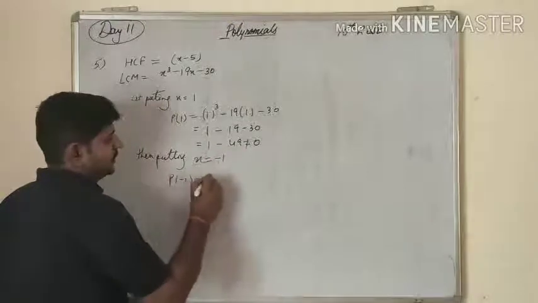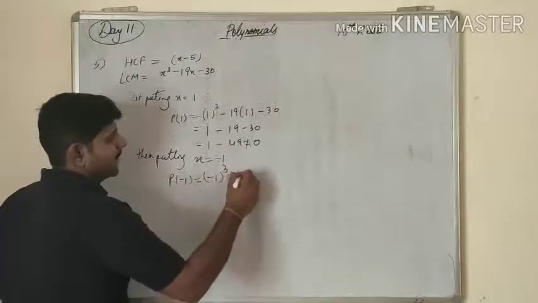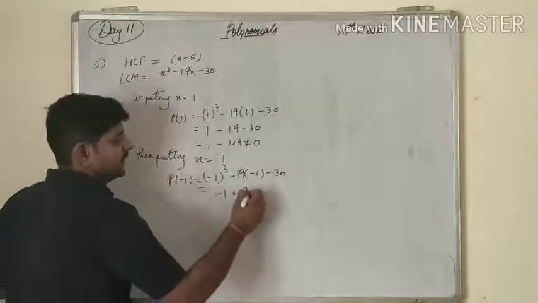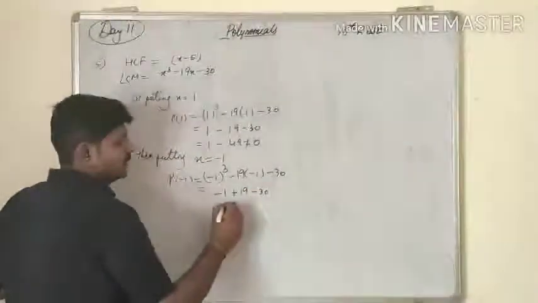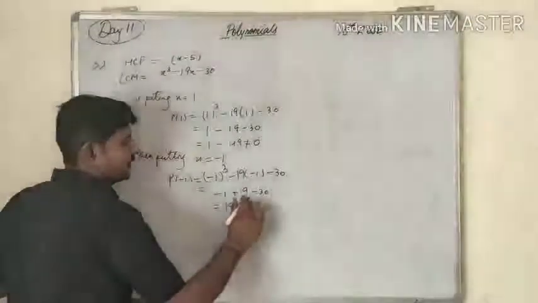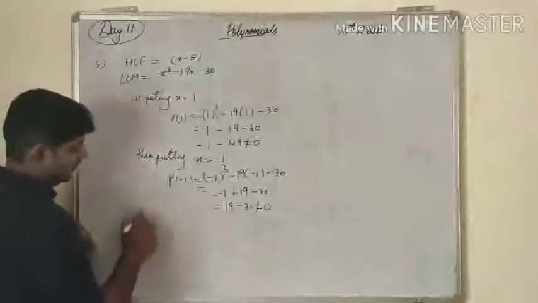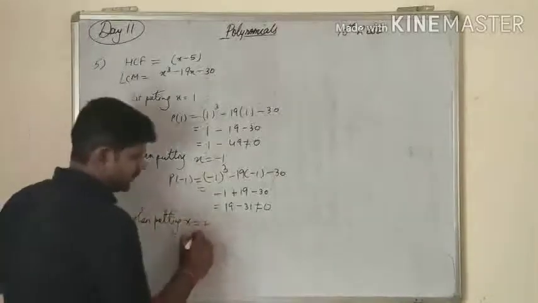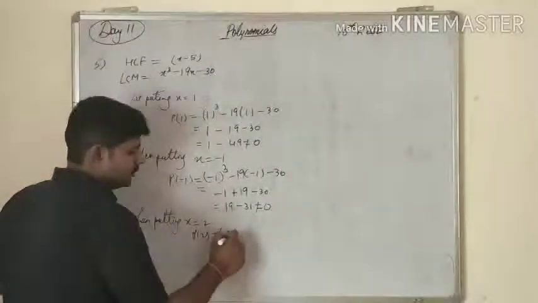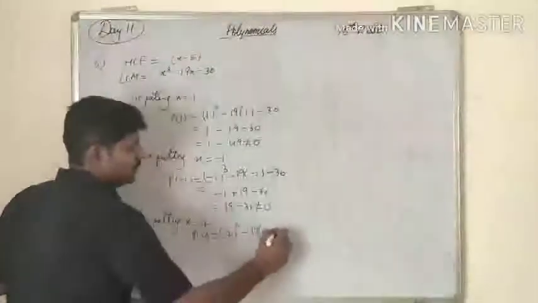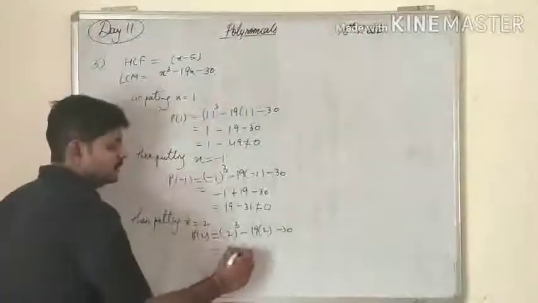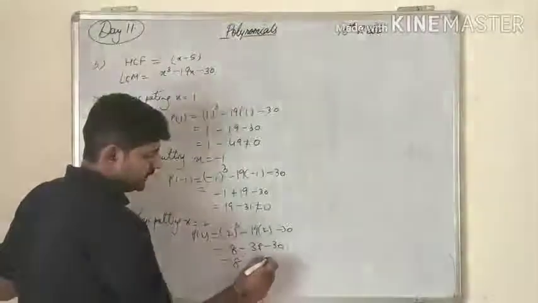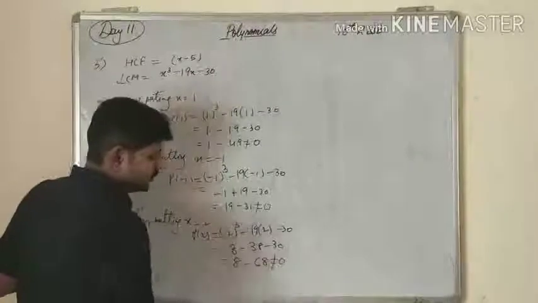We get minus 1 cube minus 19 into minus 1 minus 30, so minus 1 plus 19 and minus 30, which is minus 12, also not equal to 0. Then putting x equals to 2: 2 cube minus 19 into 2 minus 30. 2 cube is 8, 19 times 2 is 38, and 30, so this is not equal to 0.